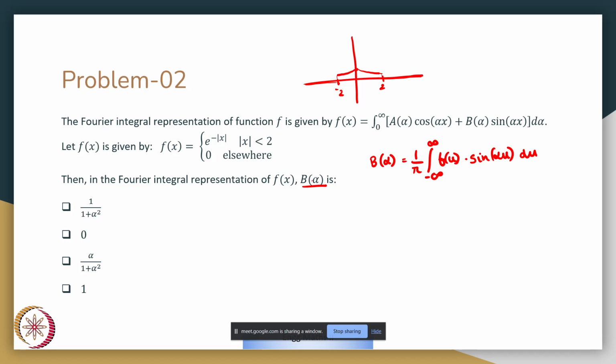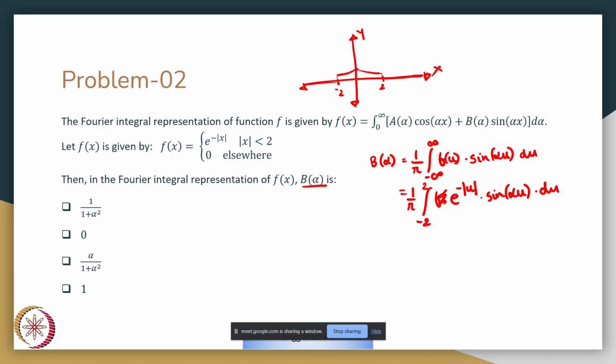So across the real axis, the only portion where it is non-zero is from minus 2 to 2, x equaling minus 2 to 2, or in this case u equaling minus 2 to 2. Sine of alpha u du.